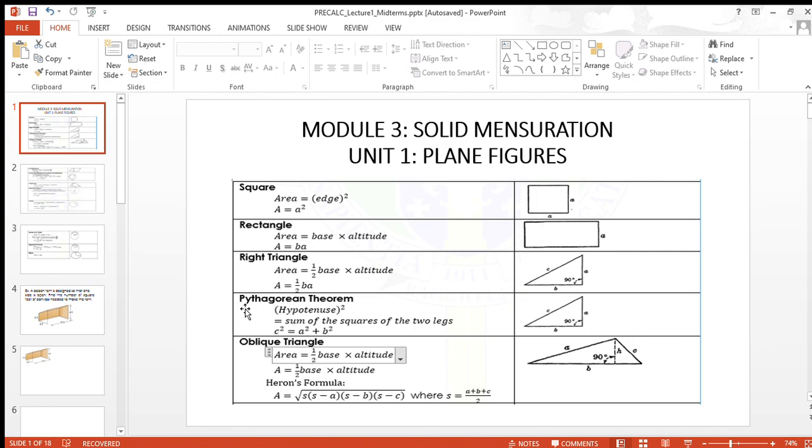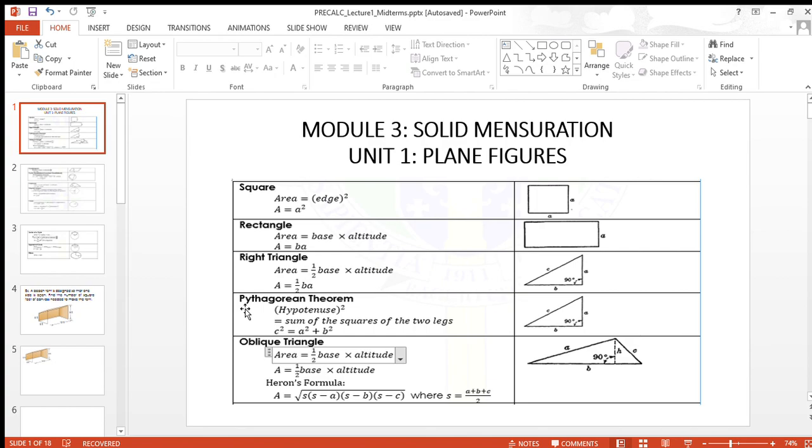We look at some plane figures wherein we consider their areas. When you were in elementary, the simplest way to remember an area is looking at how many squares you can put on the figure. Okay?